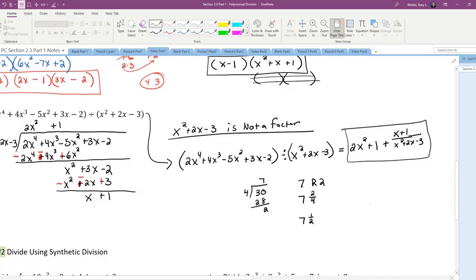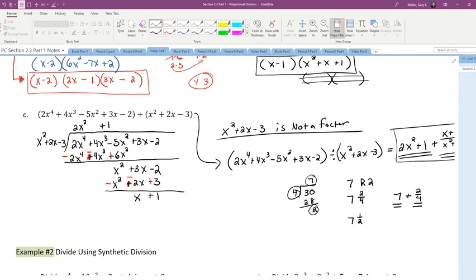Well, how do you get 7 and 2/4? Well, you did the answer of 7 plus the remainder of 2 over 4. So you got your answer, and then you added your remainder as a fraction. And that's exactly what we did here. Here's our answer, and then we added our remainder divided by the rest of it. Okay, hope that makes sense.